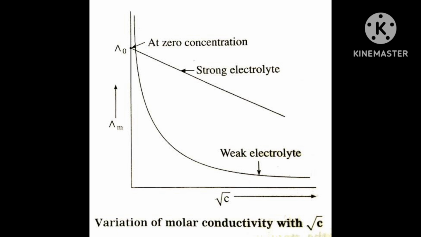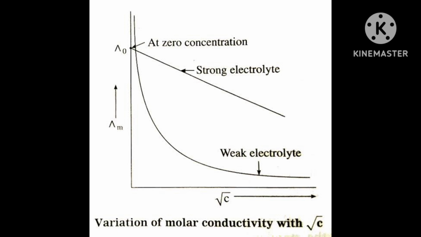Then simply you have to multiply by 10 to the power 4, correct? 1 meter is equal to 100 centimeter, and it is a square, meter square. Then 100 square means 10 to the power 4.